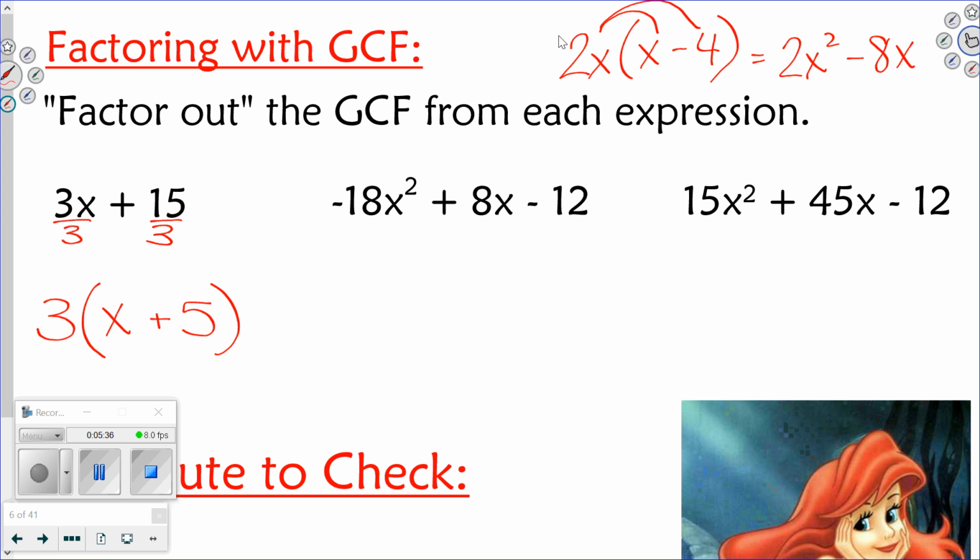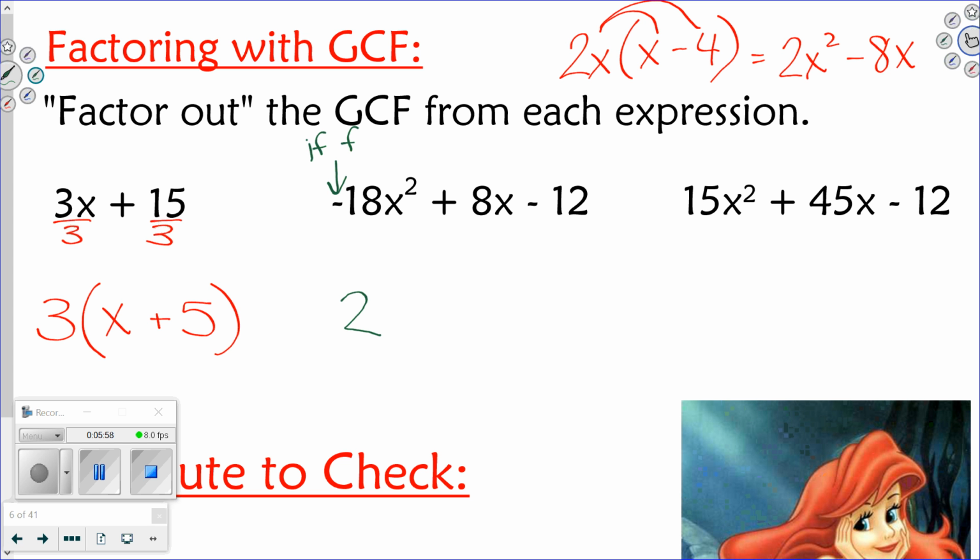All right, what about negative 18x squared plus 8x minus 12? So what goes into 18, 8, and 12? I heard 2. I heard 4. What's wrong with 4? 4 doesn't go into 18. Yeah, so 2. Now, do you notice how this first one is negative?